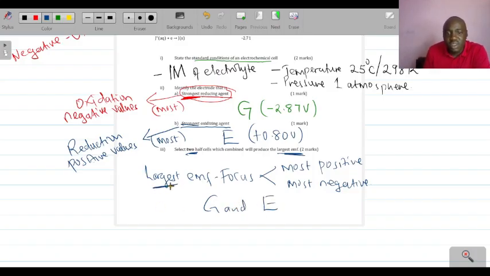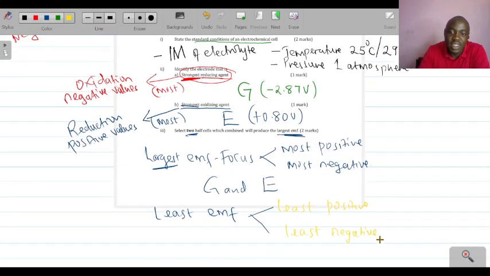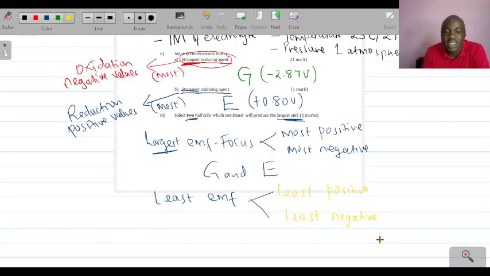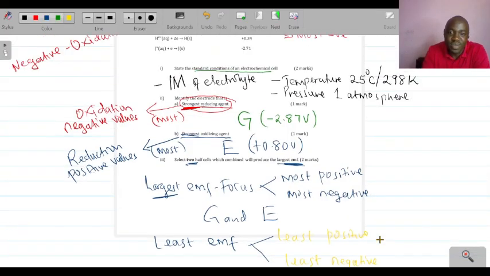So this question can also be asked in terms of the least EMF. Just like we had the most positive, here you're going to focus on the least positive and the least negative, because this is a possible scenario where you can be asked which one has the least EMF.